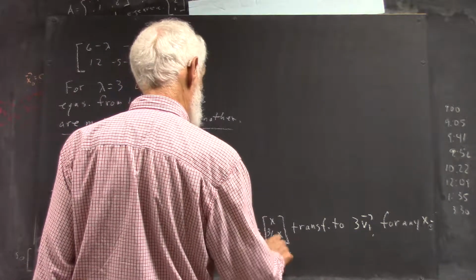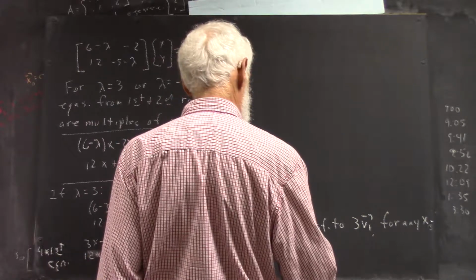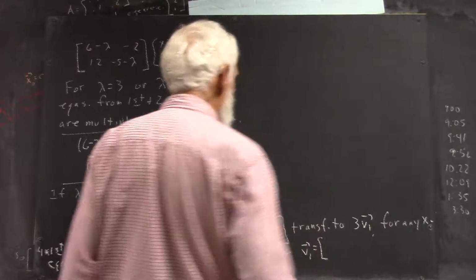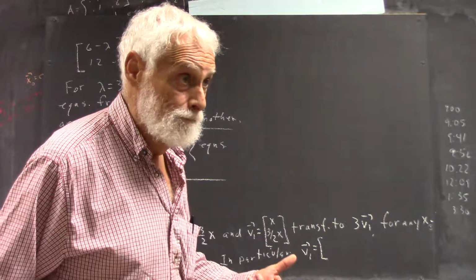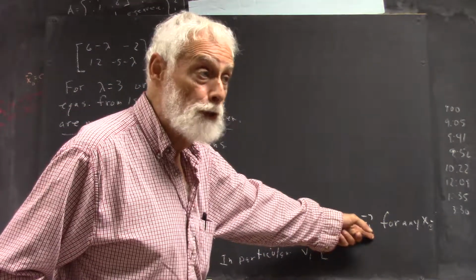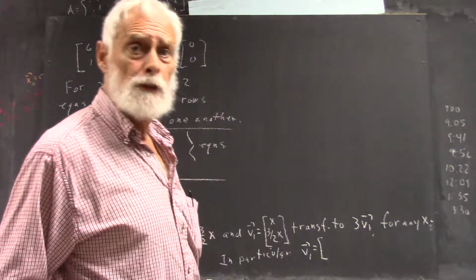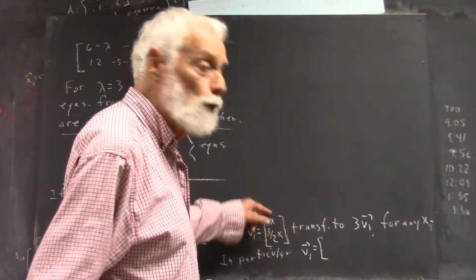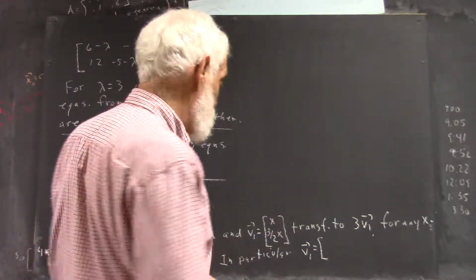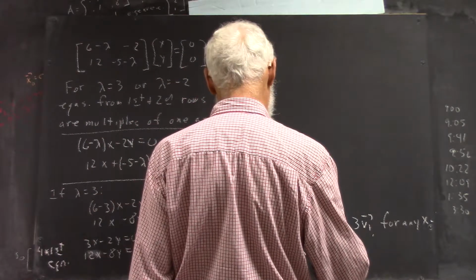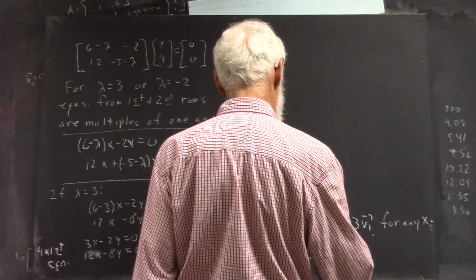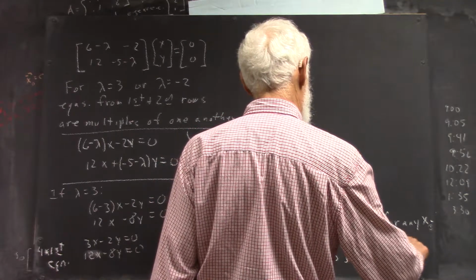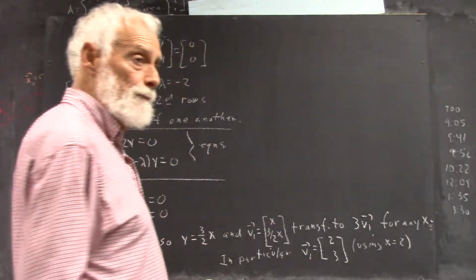In particular, I'm going to let x equal 2. Since it works for any x, I can choose any x. And if I choose x equals 2, what in the world is that? Oh, okay. If I choose x equals 2, I get whole numbers here, right? Okay?